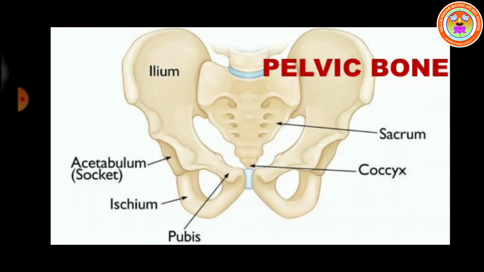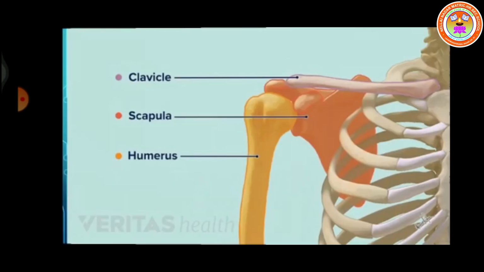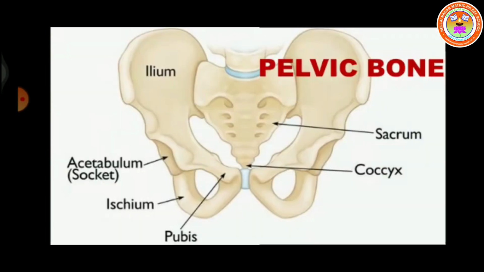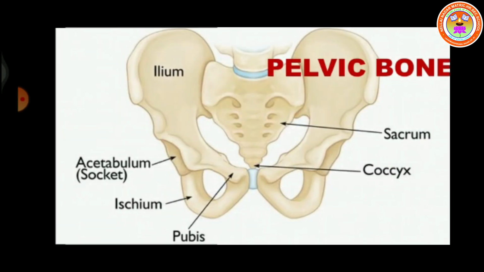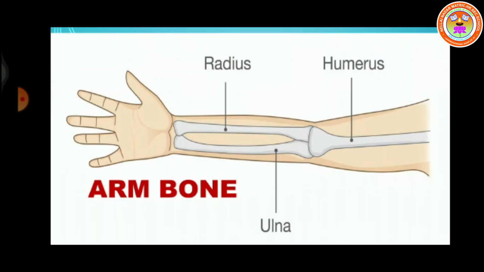The thigh bones are attached to either side of the girdle with a ball and socket joint. Here you can see all the fused bone, and there is a place for attachment of the thigh. So that is called what? Pelvic bone.